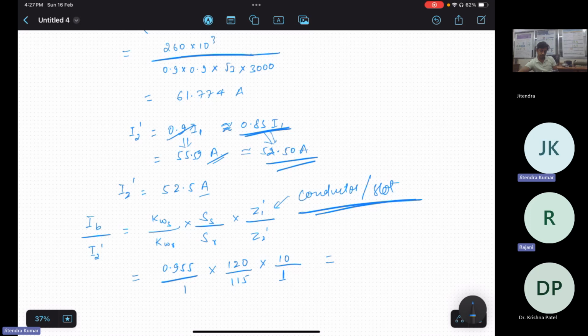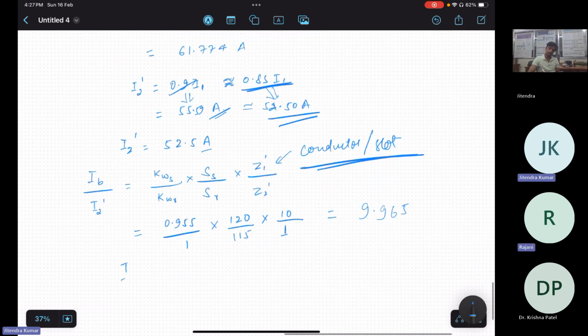So this will come out to be 0.955 into 120 into 10, so 9.965 exactly. So now we can calculate bar current, that is I2 dash, which was 52.5 divided by 9.965, that is 522.17.